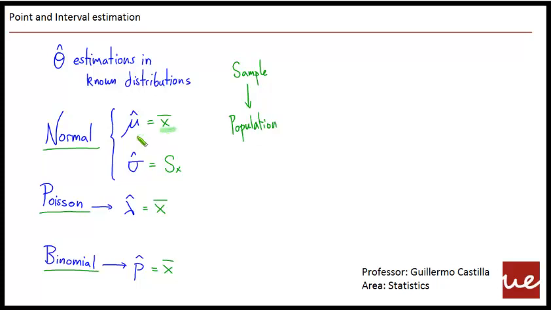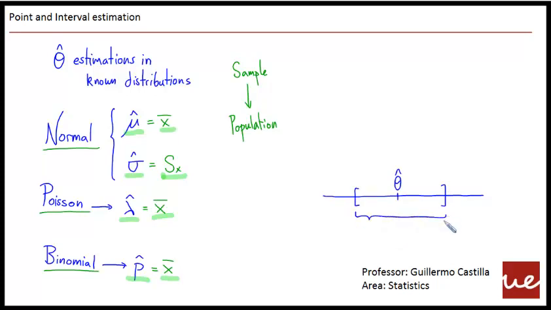If we don't have anything better, this is the best guess we can actually make. Mu is x, sigma is s, lambda is x, and p is x. Well, so far so good. This is all about point estimation. We're estimating where this point is in our population.